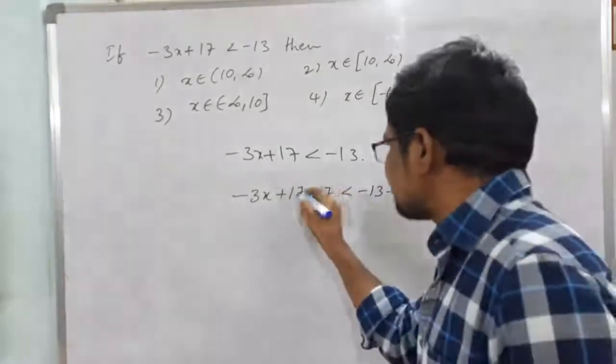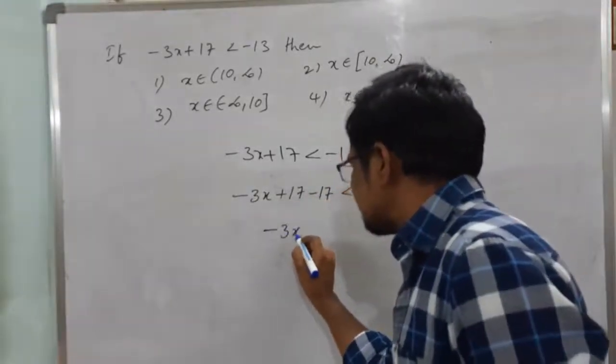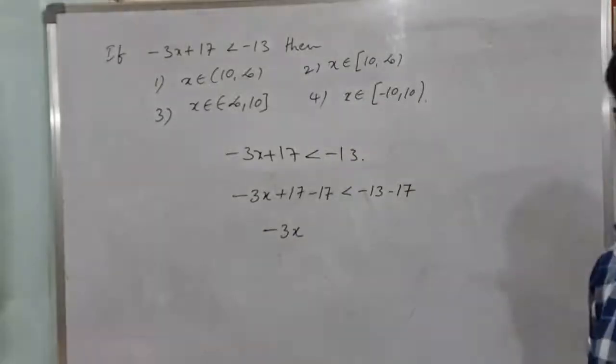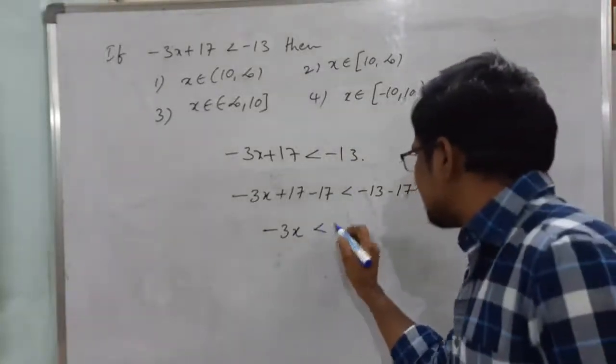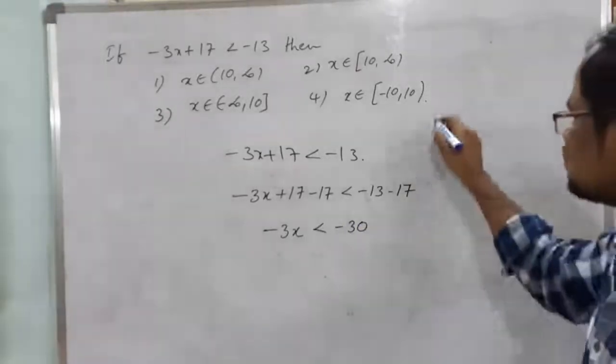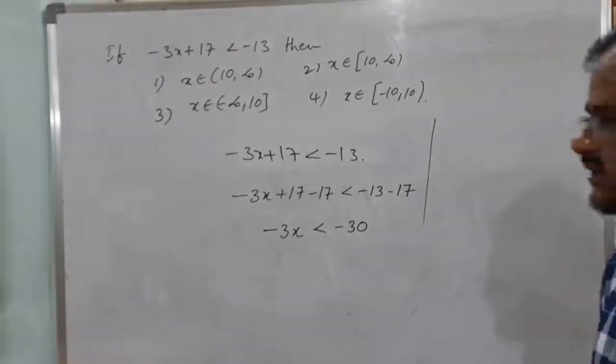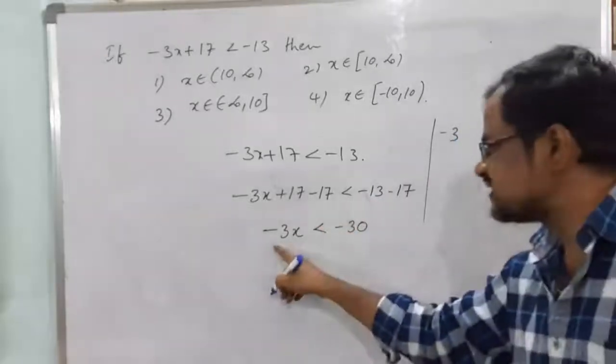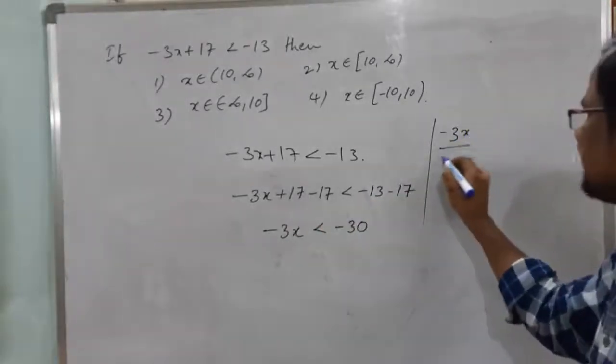Now minus 17 plus 17 get cancelled, and what is remaining is minus 3x less than minus 30. Next, we have to eliminate this minus 3, so divide by minus 3.